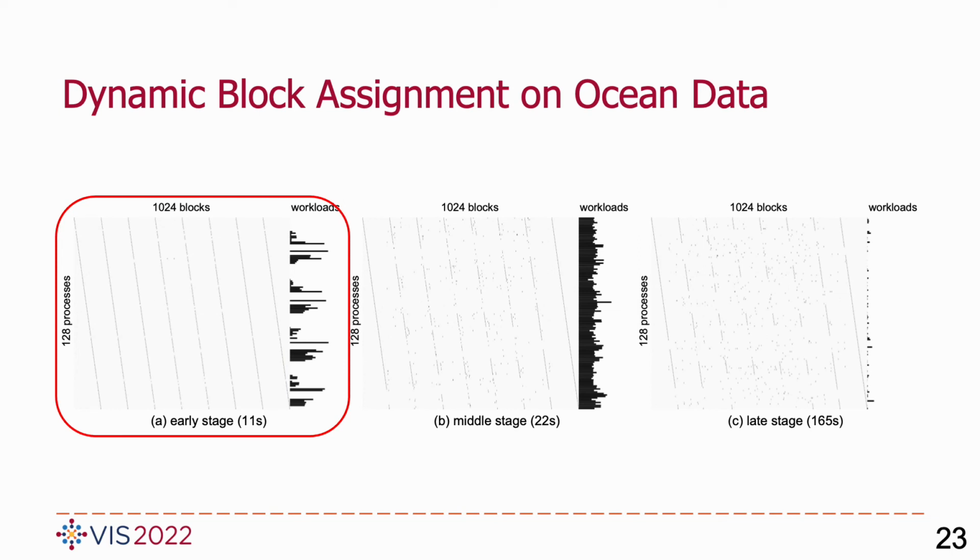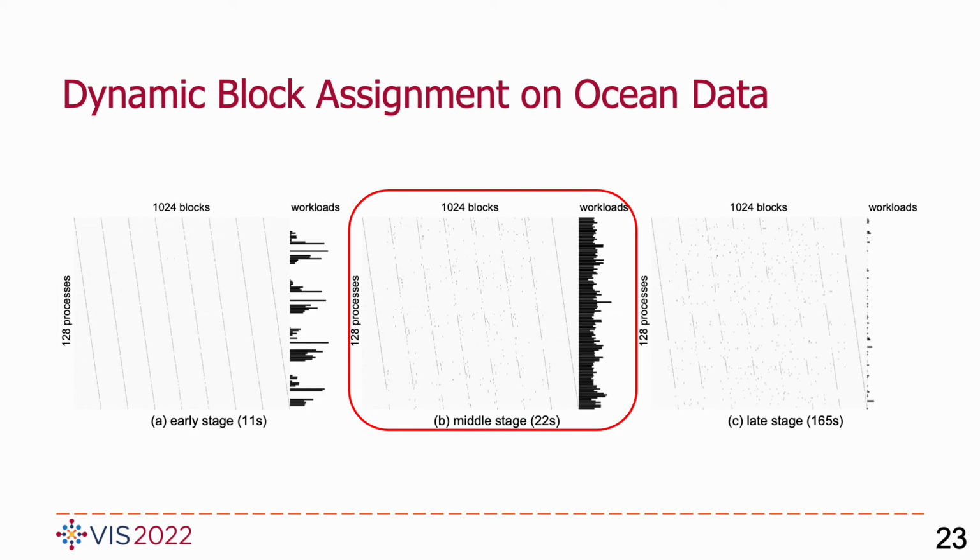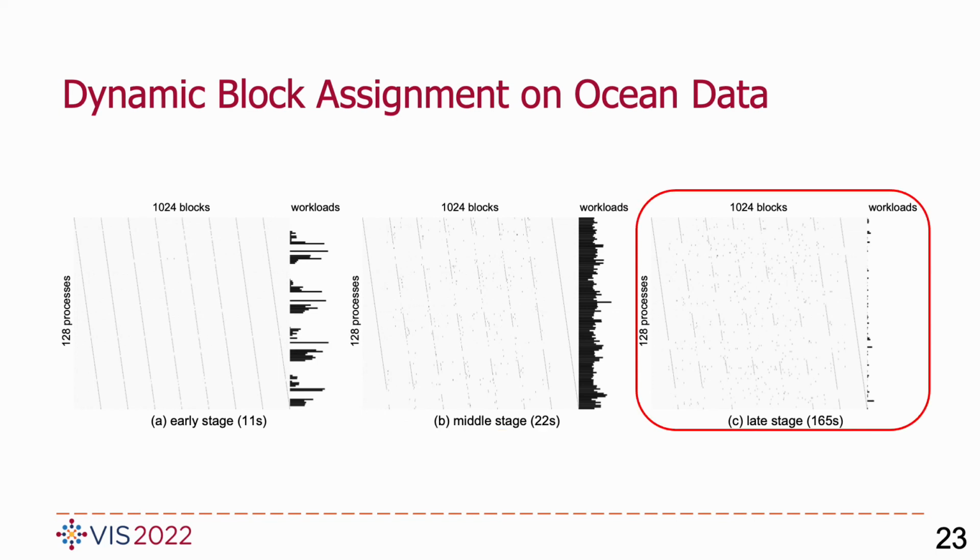At the early stage, initial workloads of processes were not balanced, and the initial block assignment presents the round-robin assignment pattern. Our method gradually balanced the processes' workloads by work donations among processes in the middle stage. At the later stage, only a few blocks had particles, making just a few processes have advection computations, and other processes remain in busy waiting.